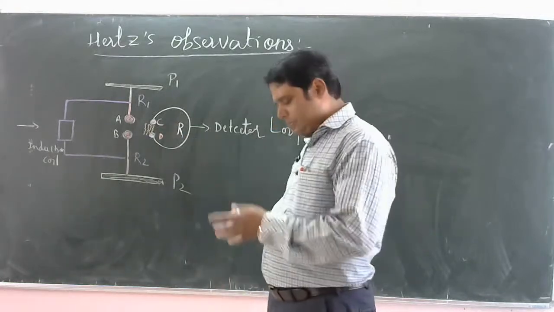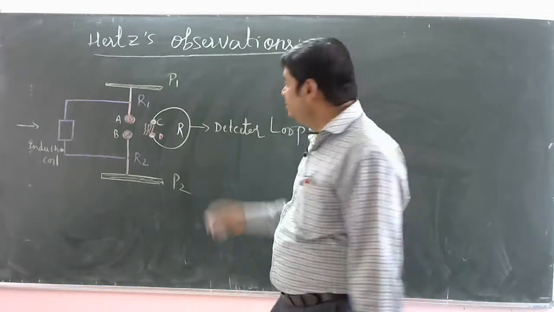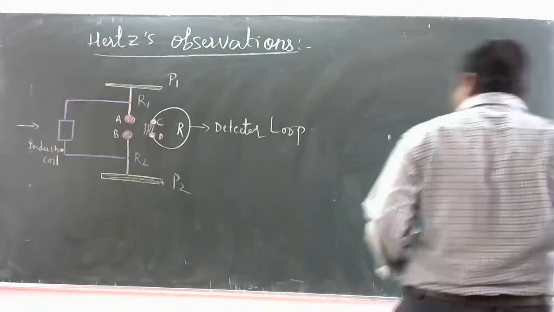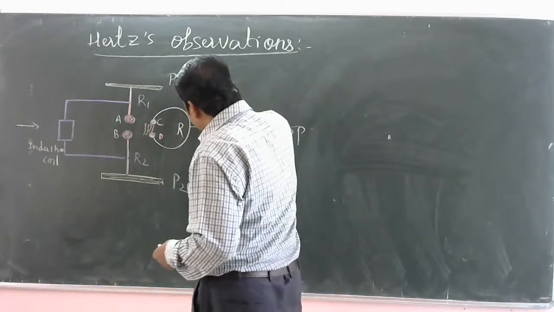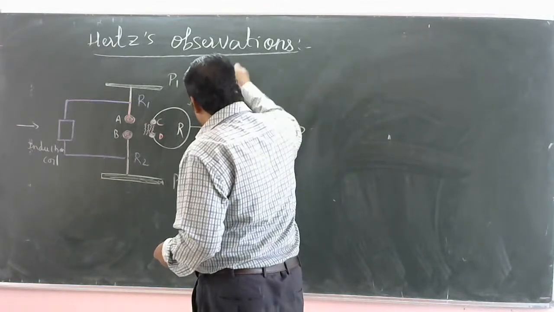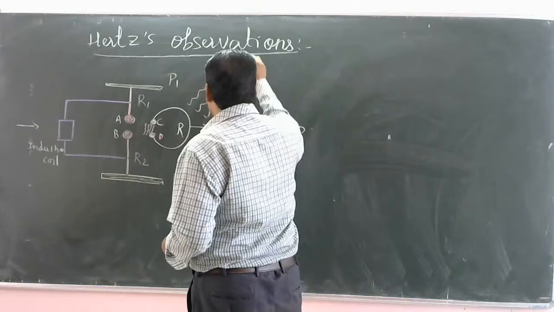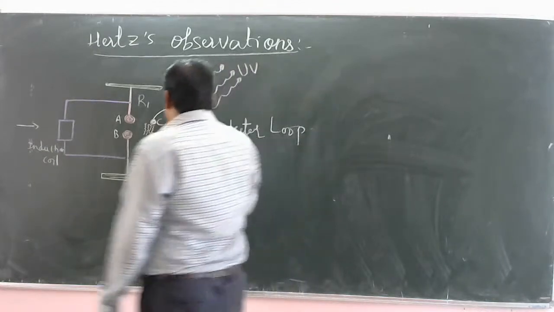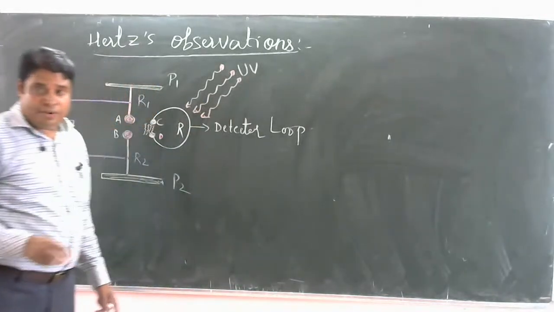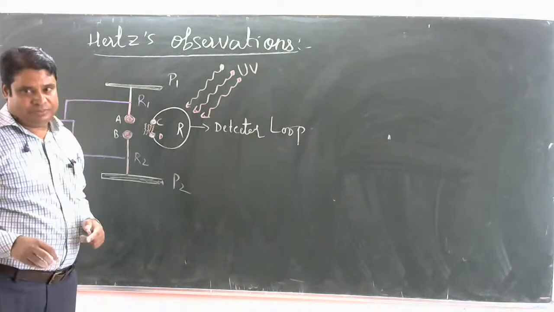This is the detector loop. Hertz allowed ultraviolet radiation to fall on this detector loop.